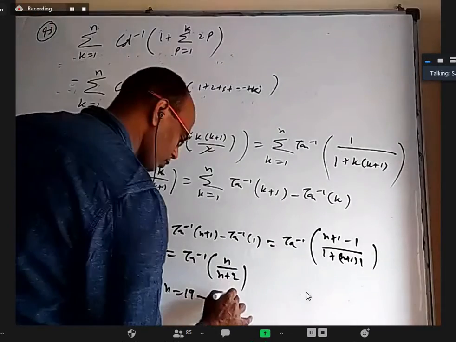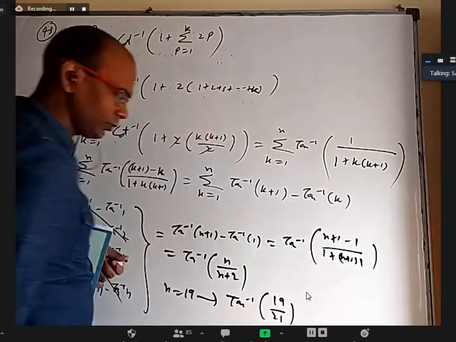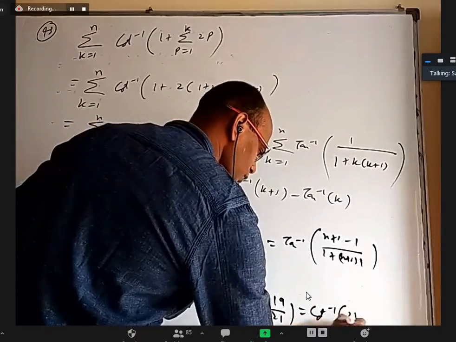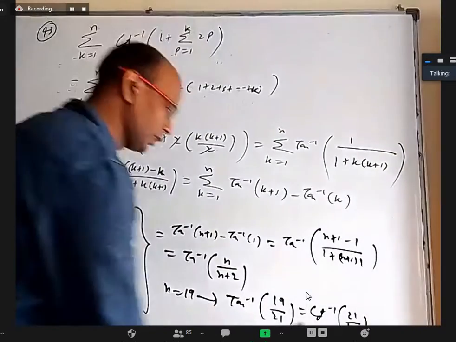It will become tan inverse 19 by 21, which is cot inverse 21 by 19. They want cot of that, which will be 21 by 19.